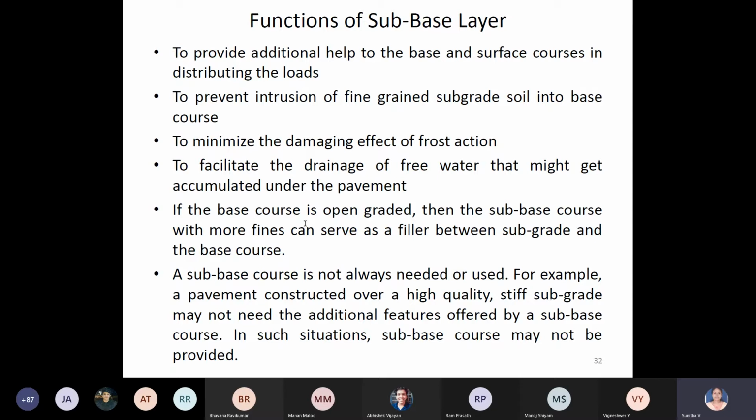Another one, as already mentioned even in rigid pavement, a base course is not always needed. It's the same in flexible pavement. If you have very good subgrade soil having good CBR, then you can even avoid the subbase course.